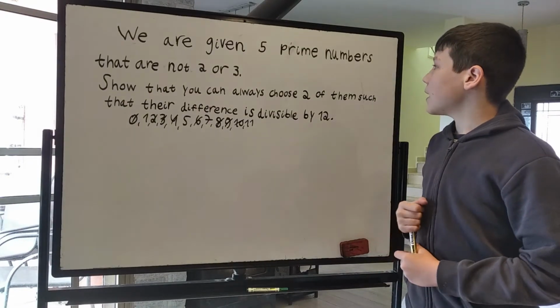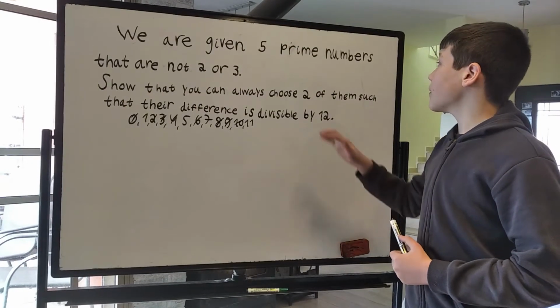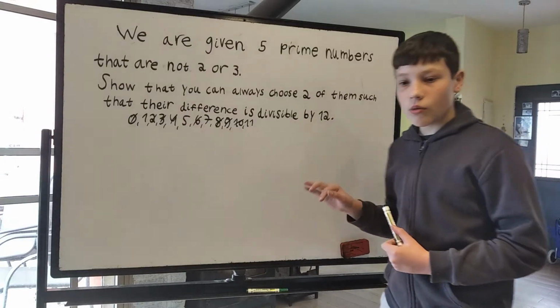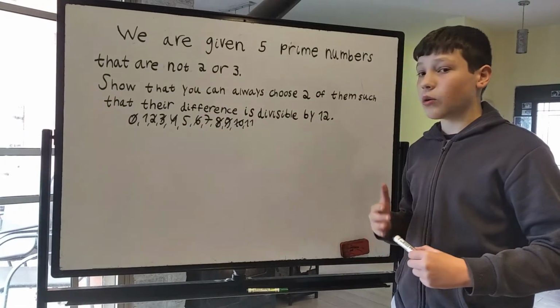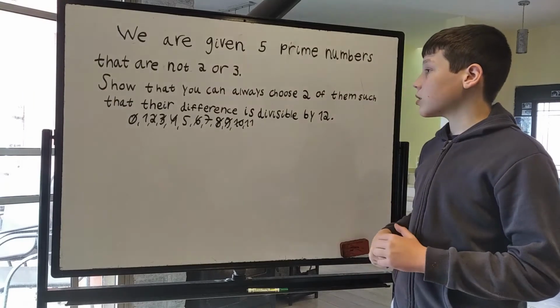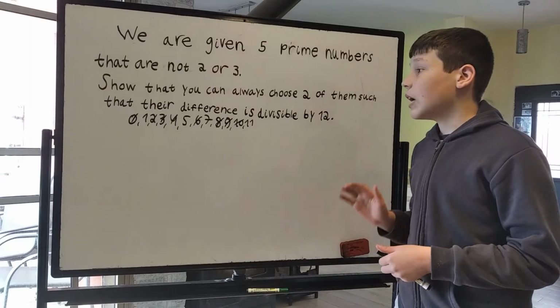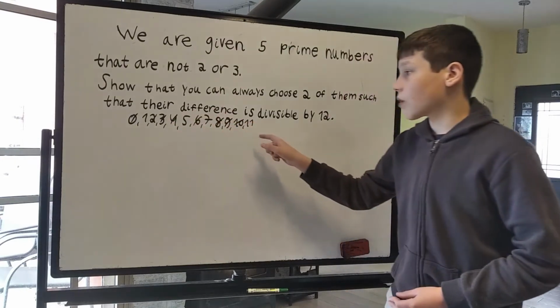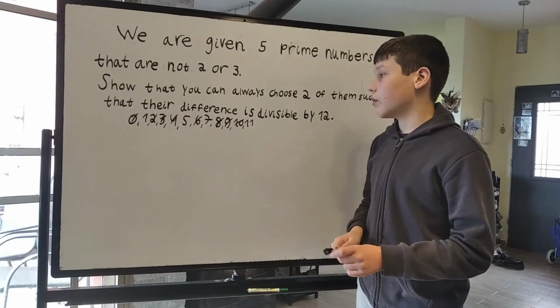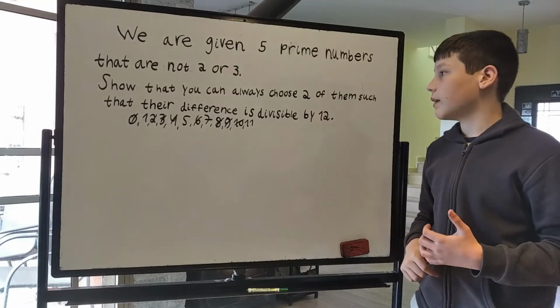So say we're given 5 prime numbers. We'll loosen that a bit to what we just found, and we'll say we're given 5 numbers which are congruent to one of these 4 numbers mod 12: 1, 5, 7, or 11.